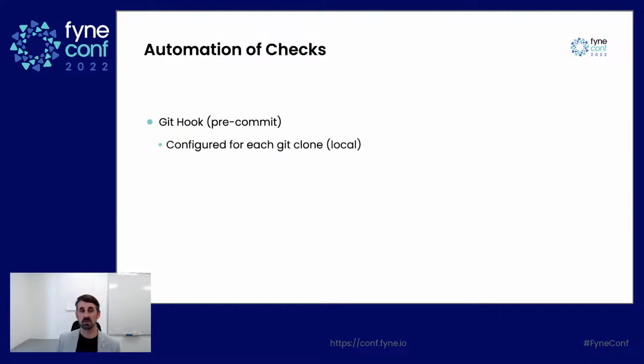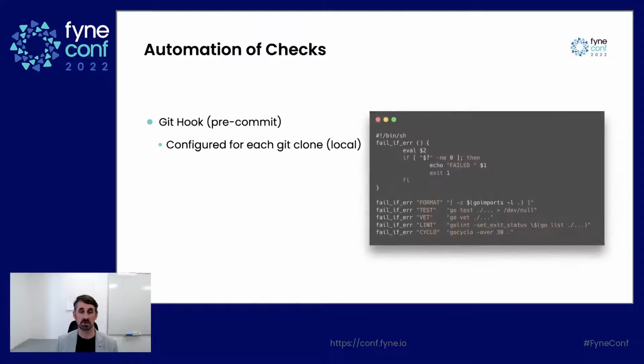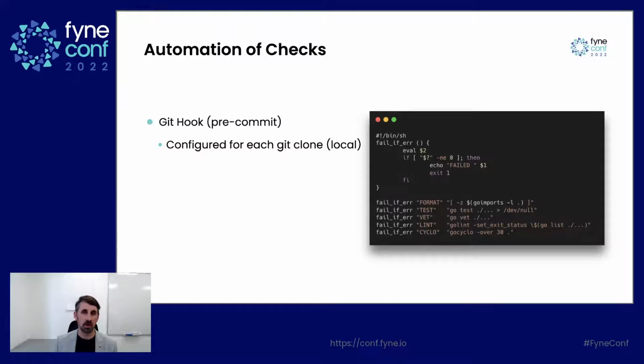It is configured locally per clone, so this is not something that's going to be sent out to the repository and forced on everybody that you're working with. But nonetheless, I think it's a really good idea, and I end up copying my Git hook across all the repositories I have. I've included here a perhaps complicated looking hook, but I find it really helpful. You can see an example of this in the Fyne contributors documentation.